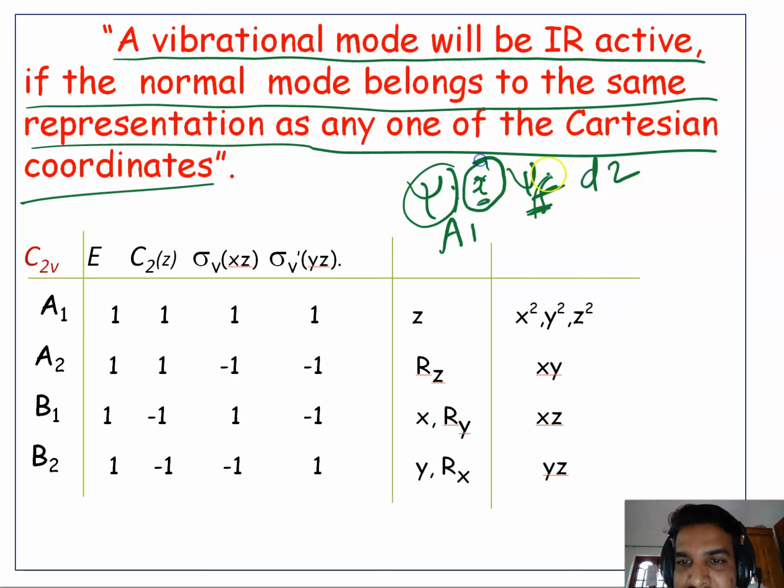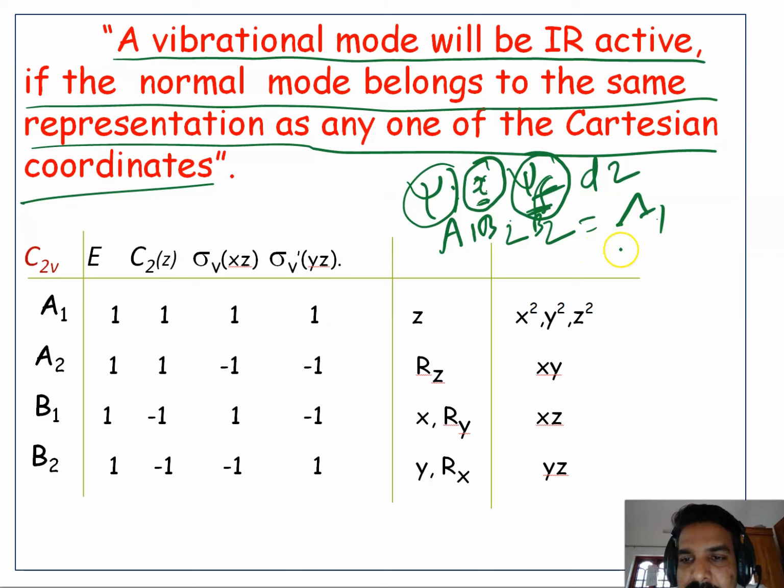This x and psi f should have the same symmetry. Then only the product of these becomes A1, and A1 into A1 becomes A1. If x is equal to B2, then psi f also should be B2. Then only B2 into B2 is equal to A1, and A1 into A1 is equal to A1.